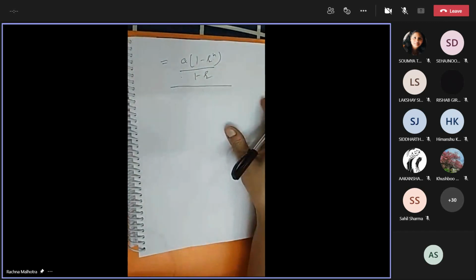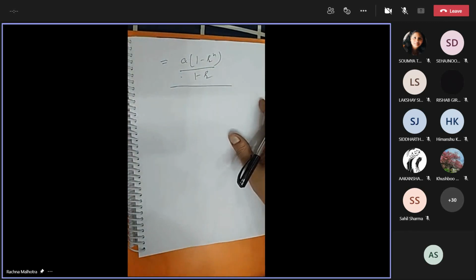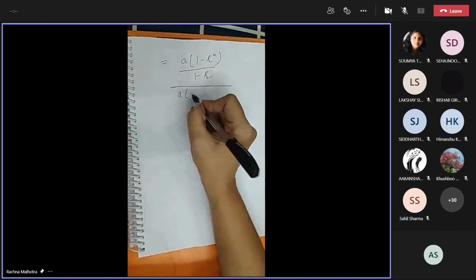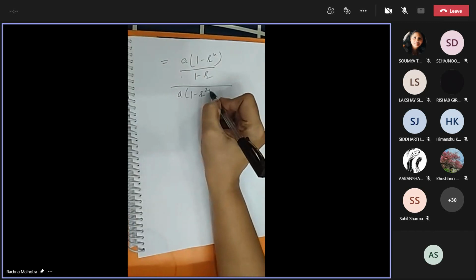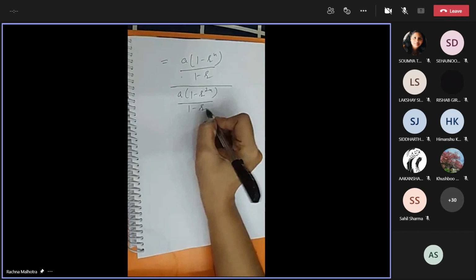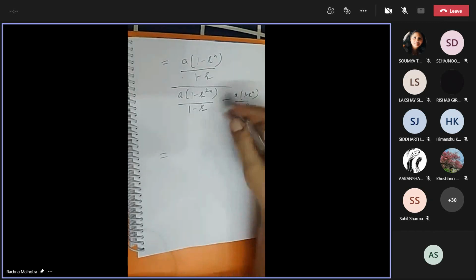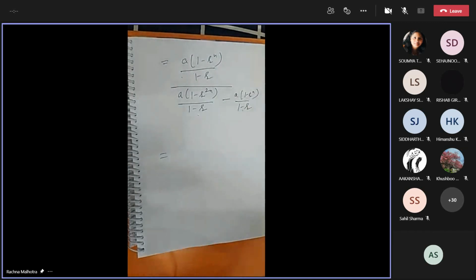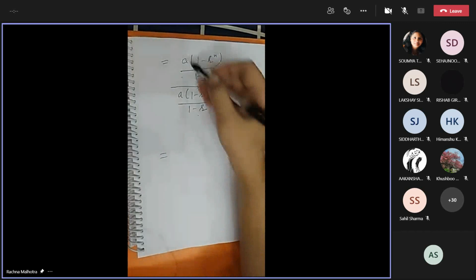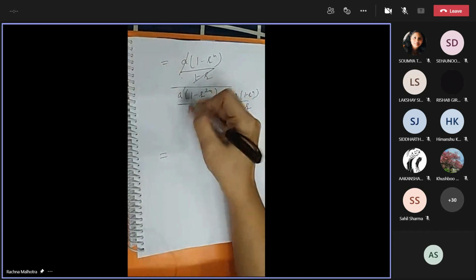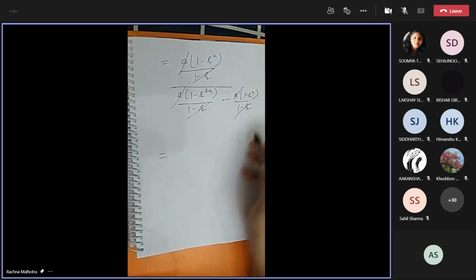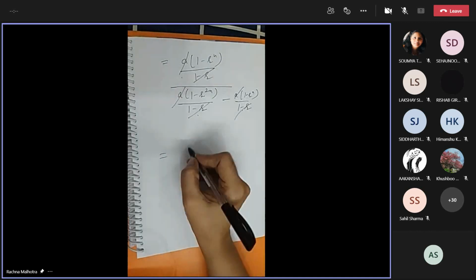What is the formula for S2n? 2n terms are there, and Sn is the same. Now we can cancel a by 1 minus r from numerator and denominator both.